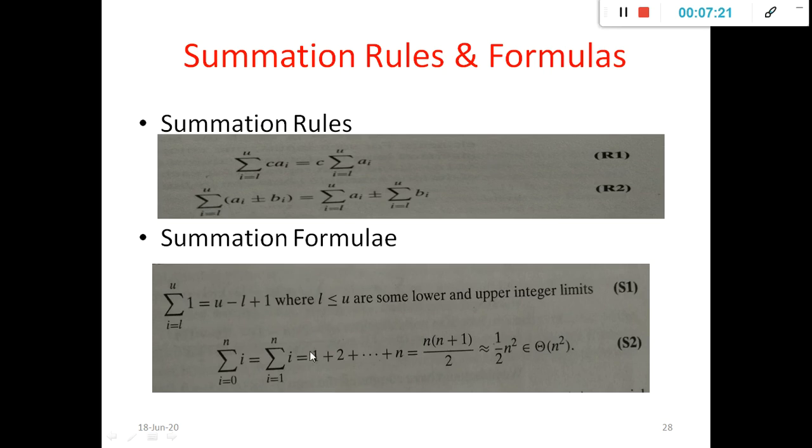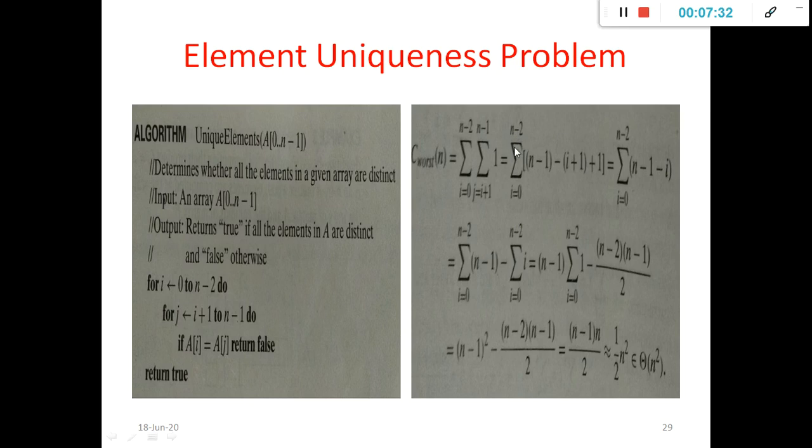If the summand is 1, then you use upper bound minus lower bound plus 1. By using this technique, you get n minus 1 minus i plus 1 plus 1, which gives n minus 1 minus i, and the outer summation remains as it is, i equal to 0 to n minus 2.